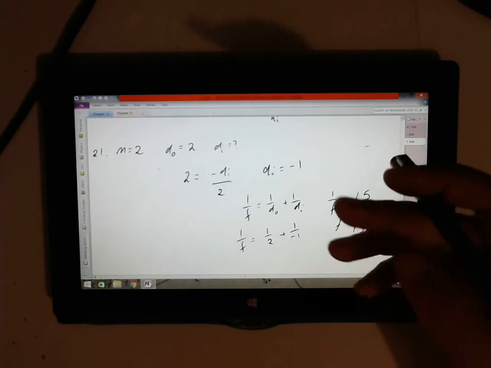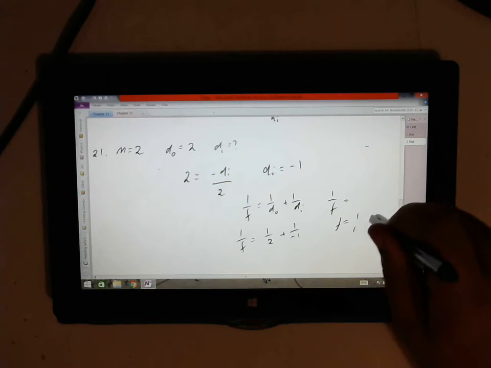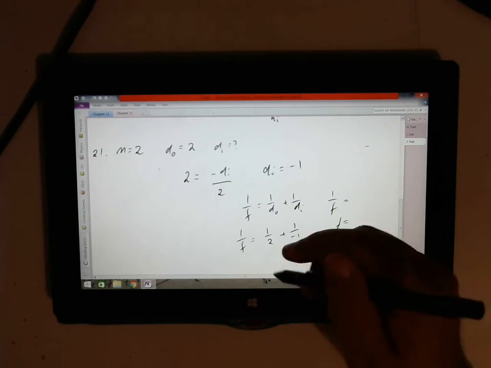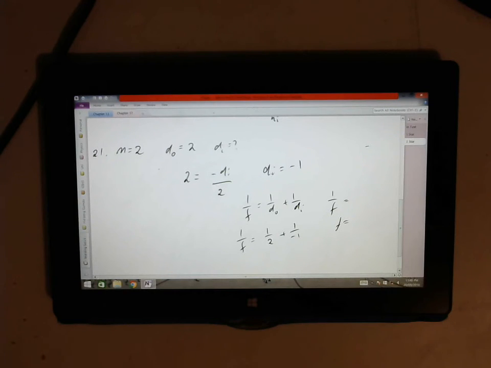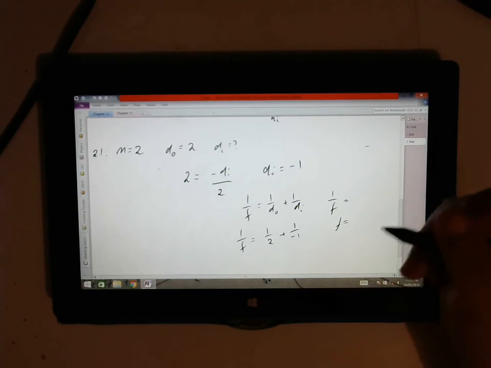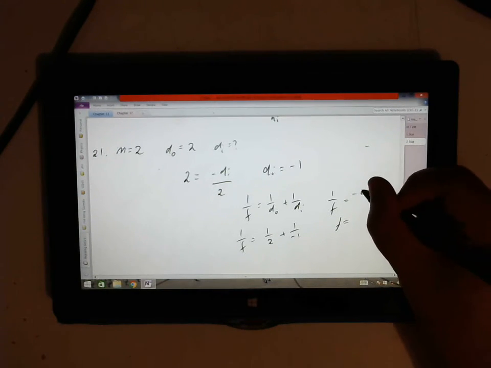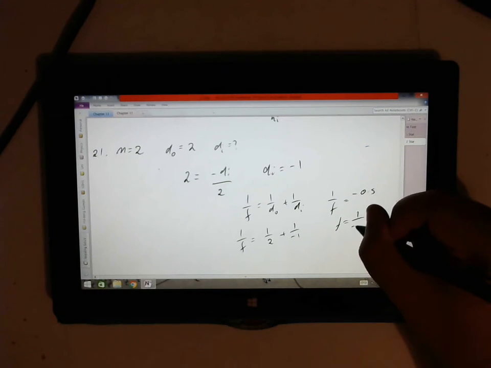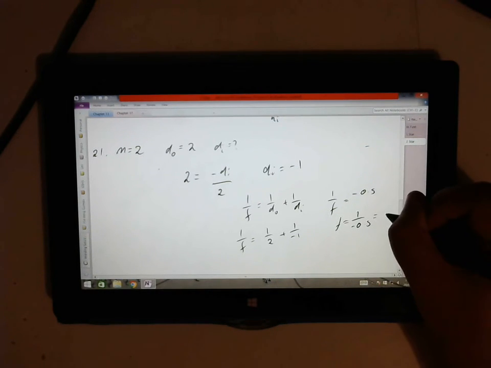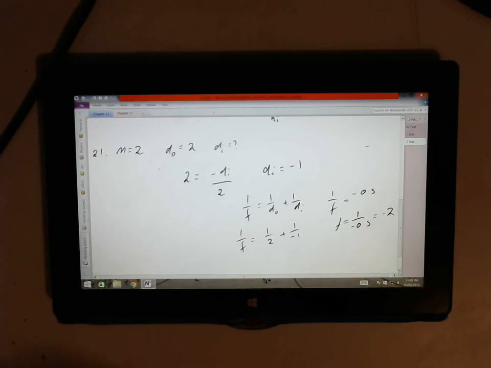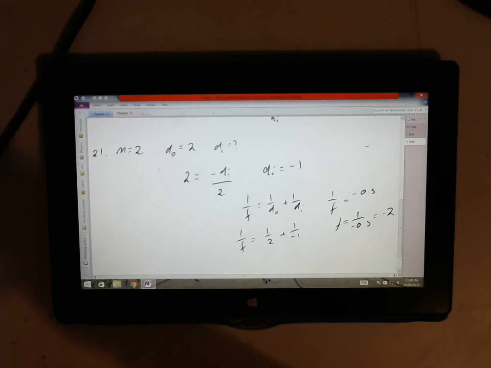Sorry, no, it won't equal 1.5. That was a silly mistake. That would be plus negative 1, so that would be take away 1. So half take away 1 equals negative 0.5. 1 over negative 0.5 equals negative 2.